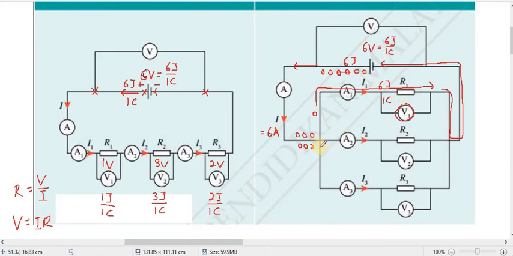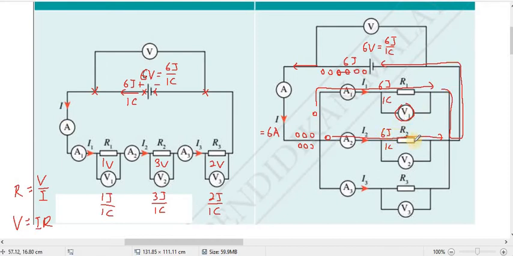Now let's say another 1 coulomb passes through here. Again, the 1 coulomb will have 6 joule. Because from the beginning until here, did it do any work or not? No. So it is fresh, has 6 joule of energy.